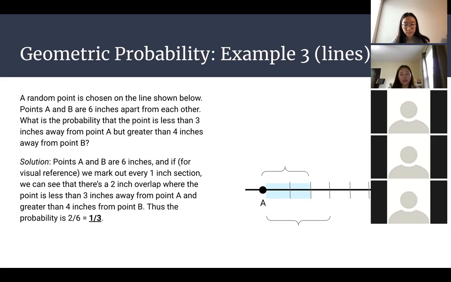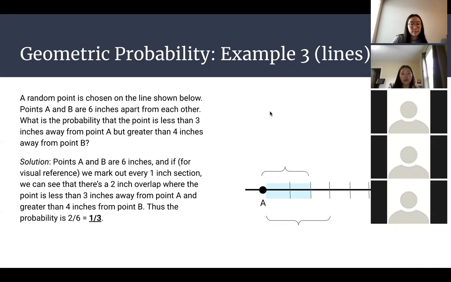And it also has to be greater than 4 inches away from point B, so the top brace is telling us that. When we look at those two sections, we see that there is an overlap, which is the blue area. There's a 2-inch overlap, so the probability is that section over the whole, which is just 1/3. This one is more logic.